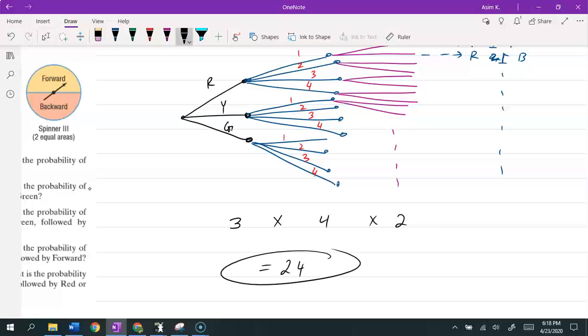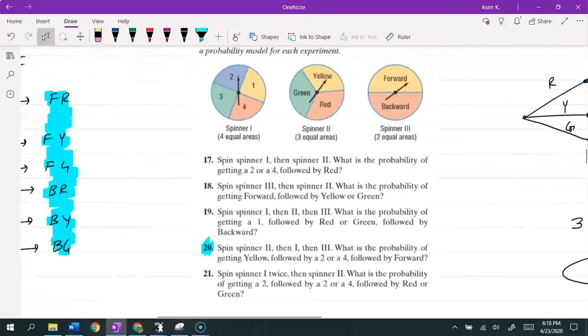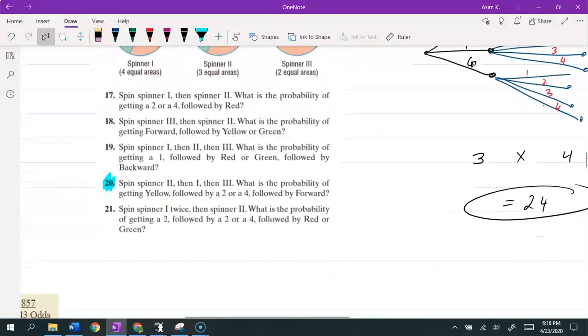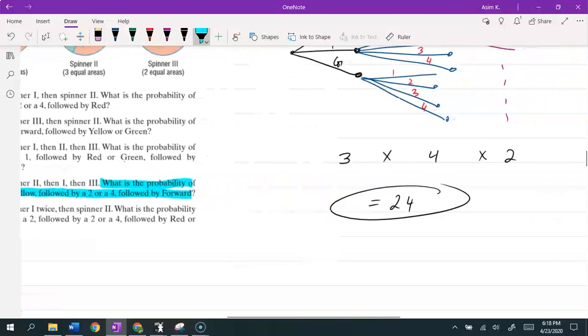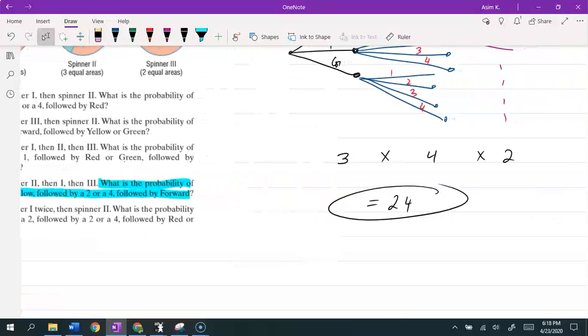So there are 24 such possible outcomes that you'll have to enumerate. After you have written out those possible outcomes, then and only then can you solve the question it's going to ask you: what is the probability of getting yellow followed by a 2 or a 4, right?